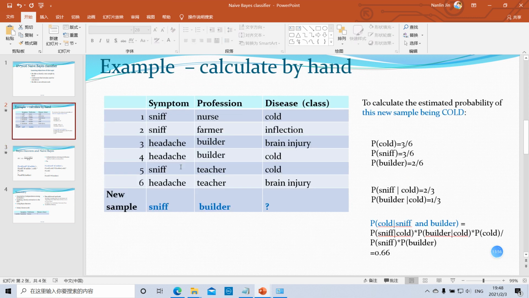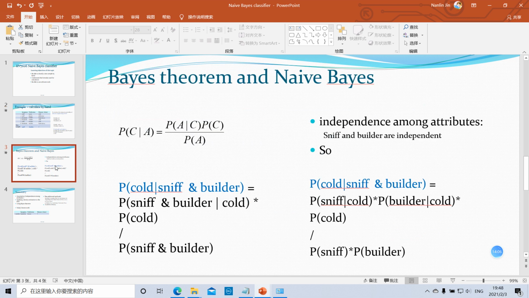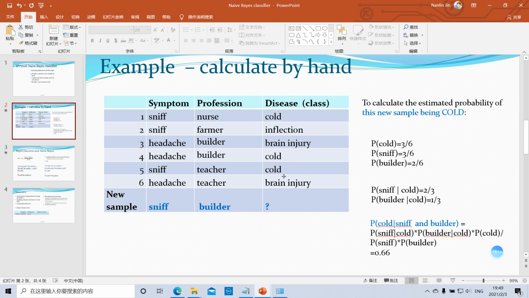You can see cold, sniff, nurse; cold, headache, builder; cold, sniff, teacher. So there is no record so far of sniff and builder. Therefore, we cannot use it directly, and I will explain how we do that. And then the probability of the class. You can see that this class does not always happen.